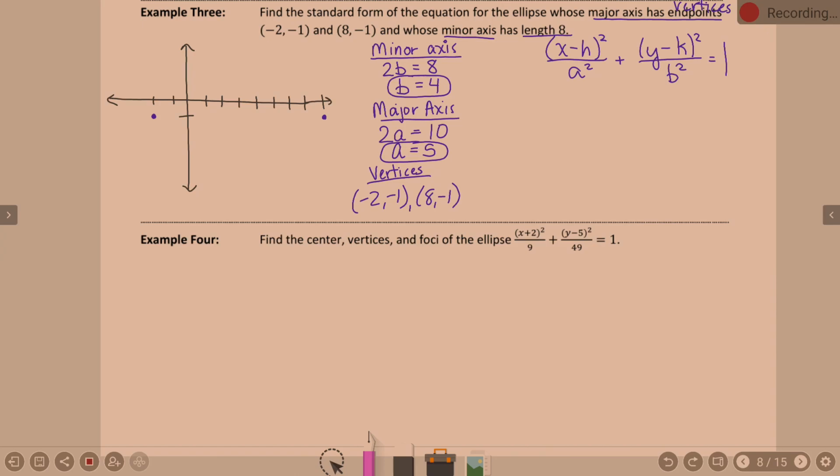In the middle. In the middle? What's the middle of -2, -1, and 8, -1? It'd be 3. Okay. Could you just count 5 either way? Because if it's 10 in length, 5 either way is going to put us right there.